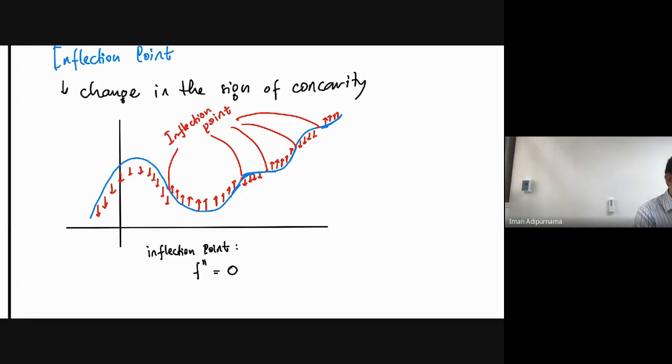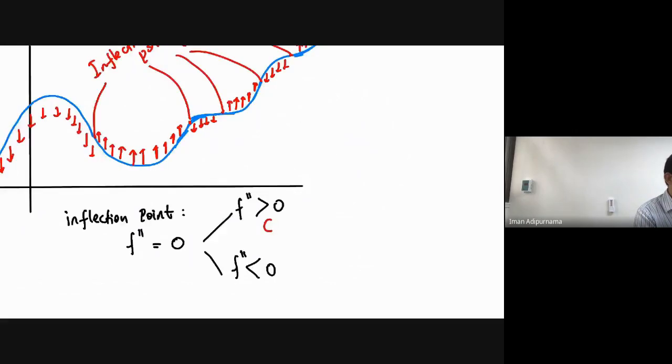And then from here, you can check when the second derivative is greater than 0 and less than 0. When you have positive, meaning this is concavity upwards, and when less than 0, it's downwards.